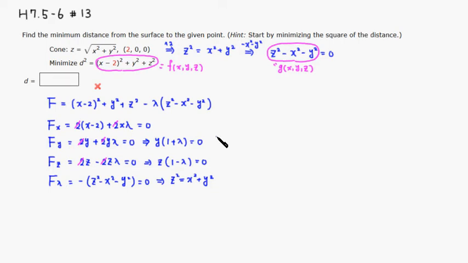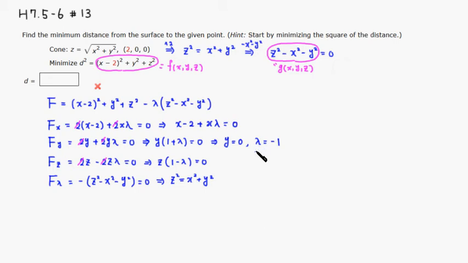Let's solve the second equation. There are two possibilities: either y equals 0 or lambda equals negative 1. But look at the first equation: x minus 2 plus x lambda equals 0.